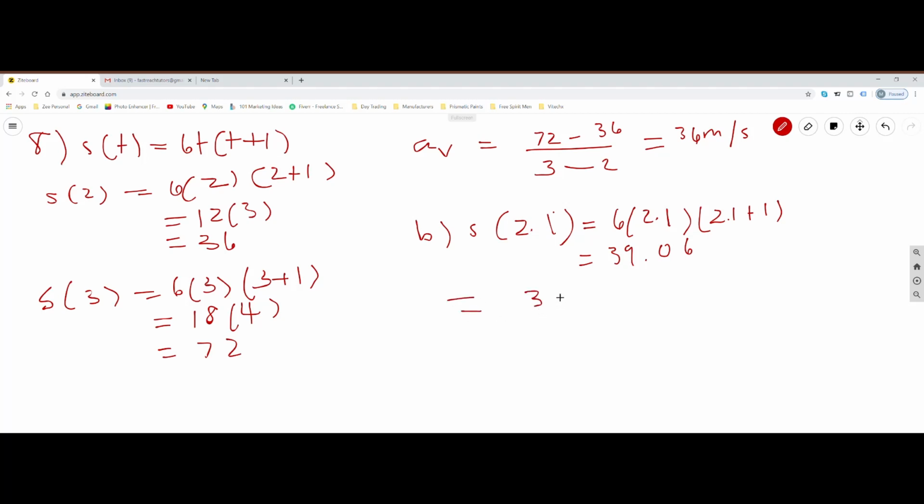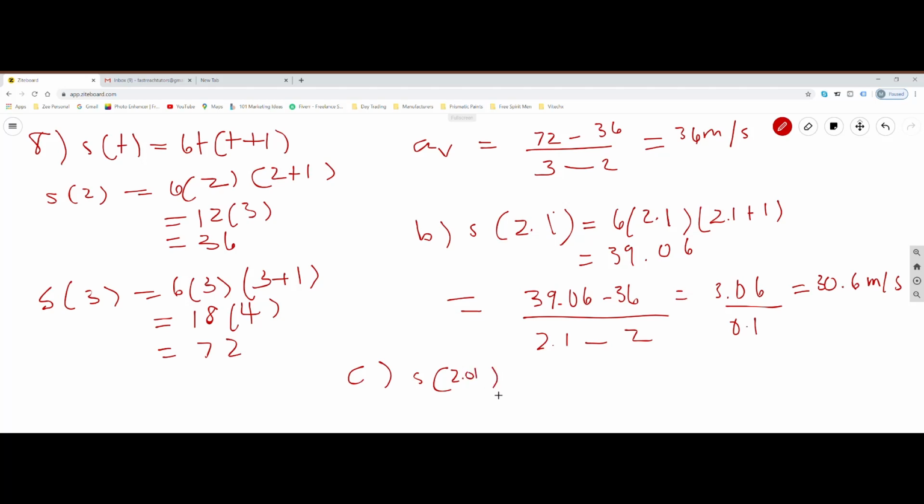So 39.06 minus 36 over 2.1 minus 2 gives you 3.06 over 0.1, which is 30.6 meters per second.